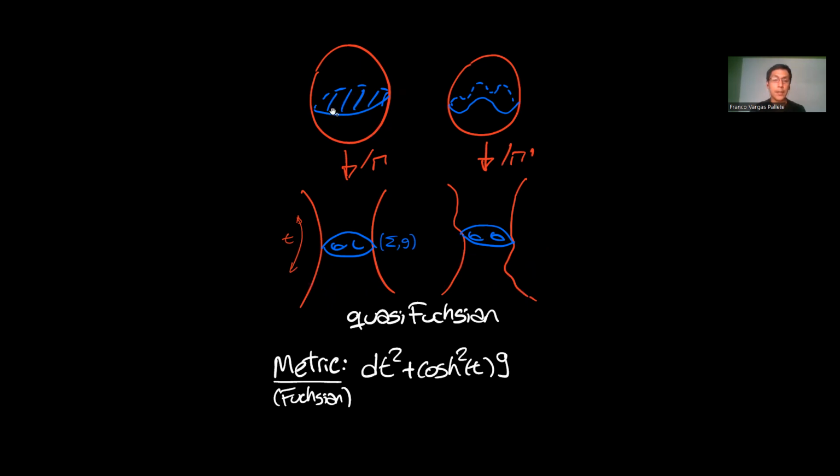And my group gamma that was acting here on H2 is also acting by isometries on the whole ball. And if I take the quotient, the totally geodesic plane here is going to quotient to a totally geodesic surface, but the whole space is going to quotient into a three-dimensional manifold that topologically is going to be a surface times an infinite line.